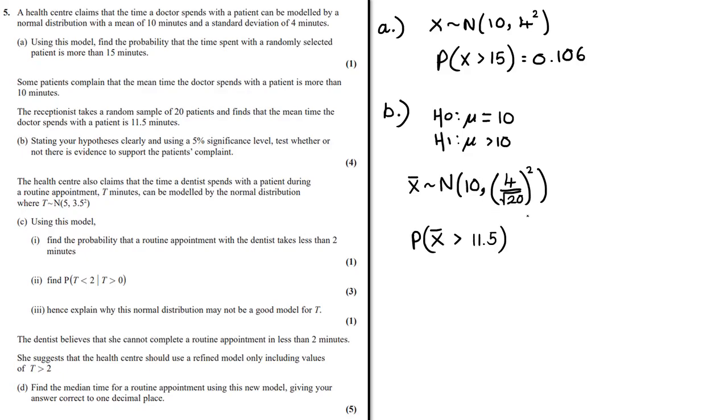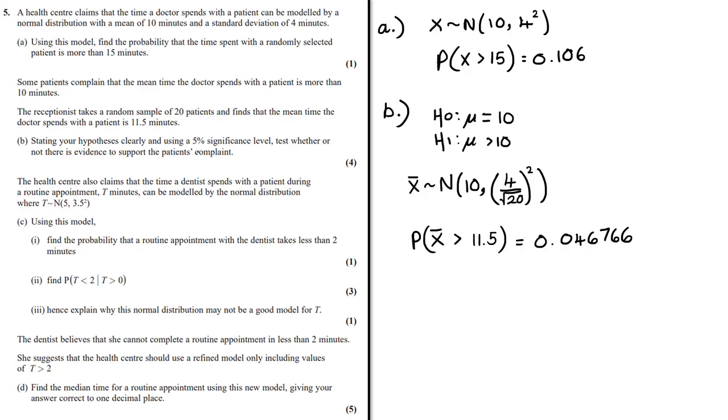And because this is greater than 11.5, 11.5 will go in your lower, and again, an arbitrarily large value in the upper. And if you do this correctly, what you should get here for your probability is 0.046766. Okay. So that's the probability, and all we need to do now is compare this to our significance level.